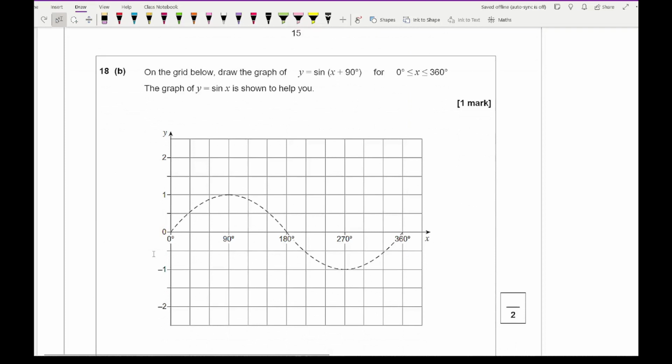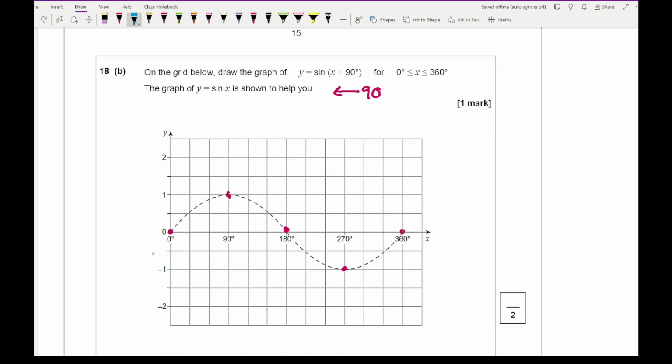Then for question 18b, it says on the grid below, draw the graph of y equals sine x plus 90. So here I'm adding something to the x, so it's going to be a shift of 90 to the left. So again, if I pick my key points, what I'm going to do to each of those points is just move them across 90 degrees to the left.